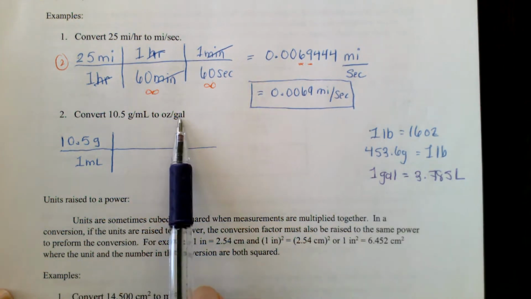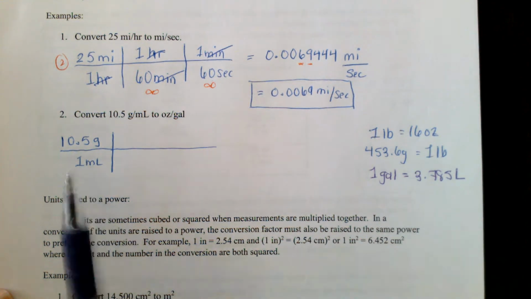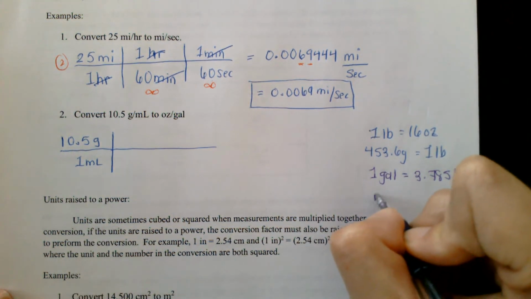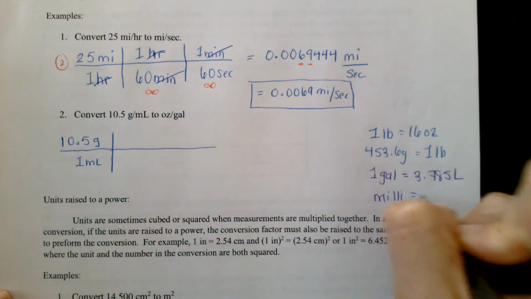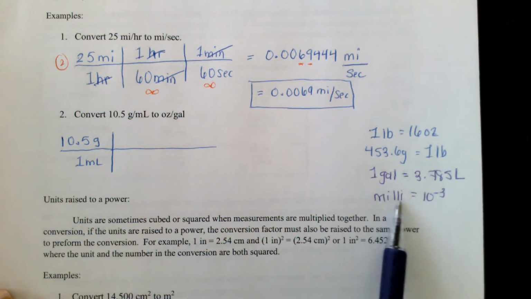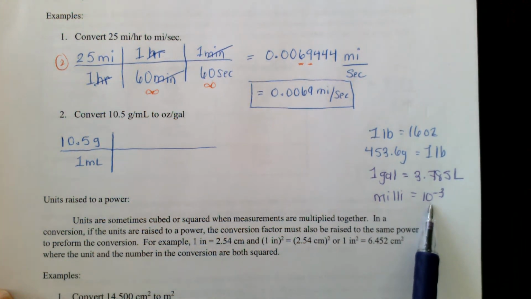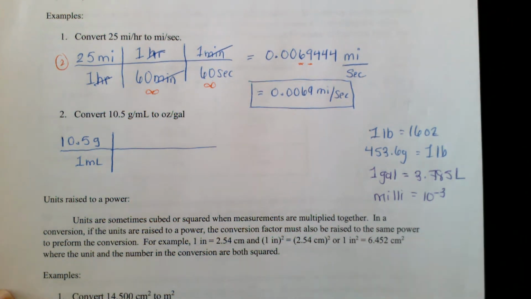Okay, so that will get us our gallon. And then to get our liters, we need to know what M is. So M is milli, and that is 10 to the minus 3. So we're going to build a conversion factor from milli based off of its decimal representation there.